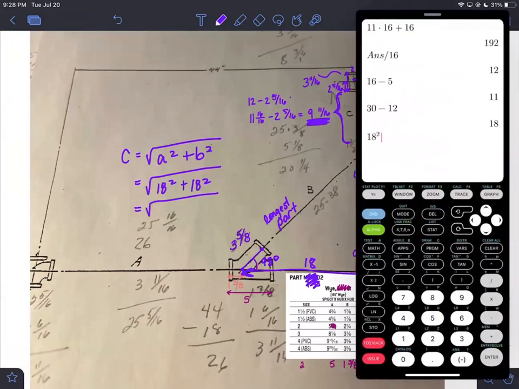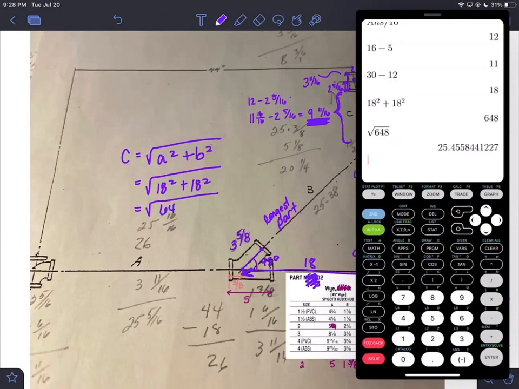Remember, you have to do the inside piece first. Okay, so here I get 648, and then that gets me 25.455. Okay.